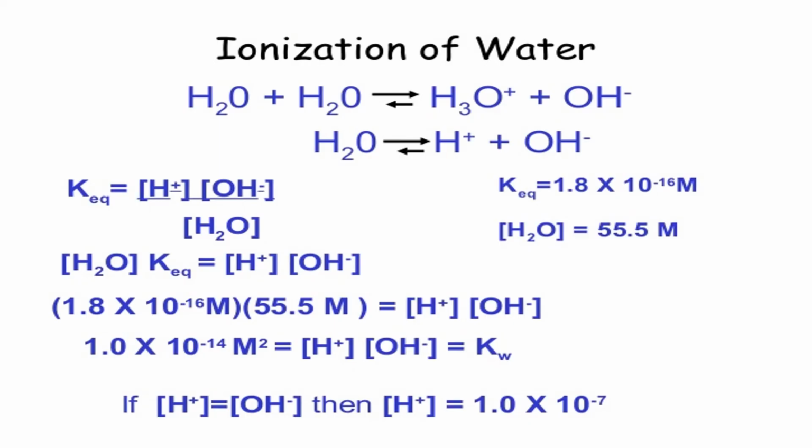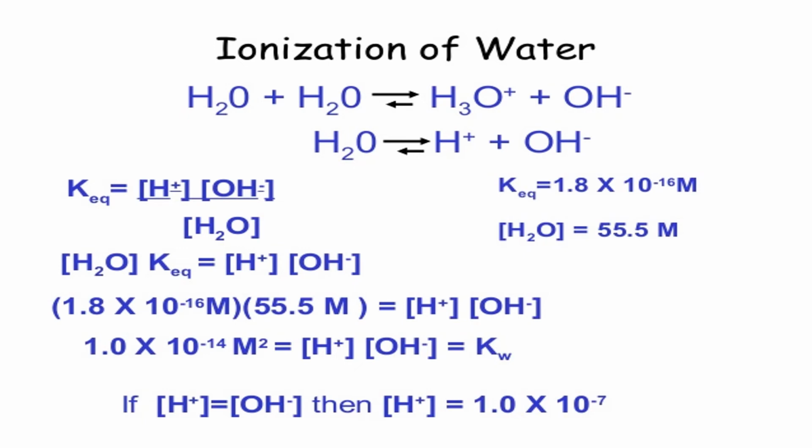Now the ionization of water. Water is dissociated into hydrogen and hydroxyl ion. When we draw the equilibrium equation, it is product divided by reactant. The products are the molar concentration of hydrogen and the molar concentration of hydroxyl ion, divided by the molar concentration of water.